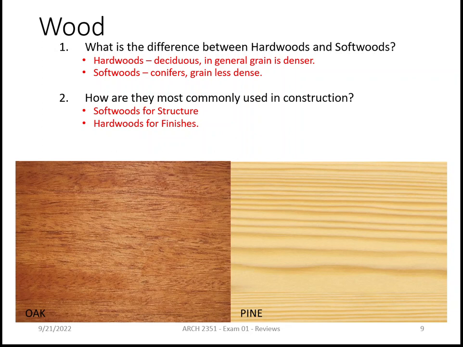It doesn't react real well. But because it isn't dense and still has good strength, it's great for creating structure, because it's very nailable. Oak, maple, those hardwoods aren't real nailable. They'll split really easily because the grain is so fine and they're so dense.